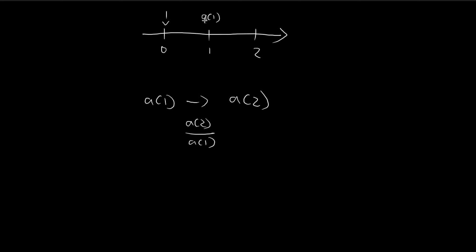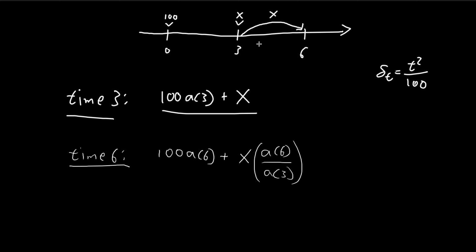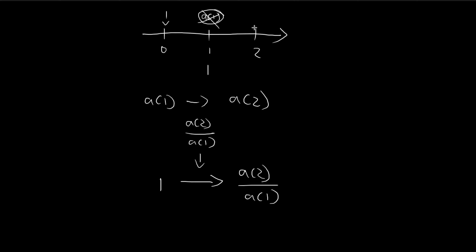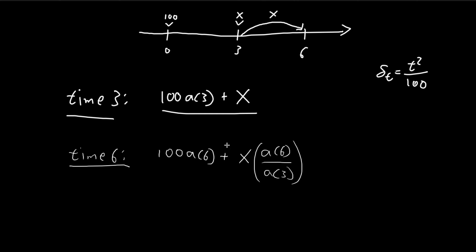And then if I have $1 at time 1 instead of a(1), I can just apply the same argument. So $1, I'm going to apply this ratio, and then I'm going to get a(2) divided by a(1). So by this reasoning, if I have x dollars at time 3, by the time it's time 6, I'm going to have a(6) divided by a(3) times x. So by that argument, we can arrive at this result.